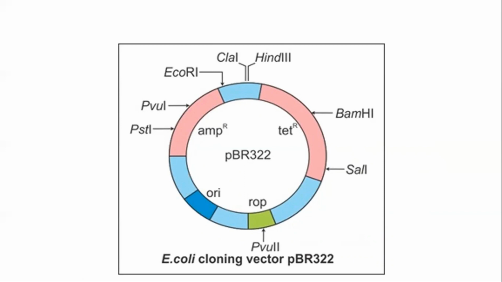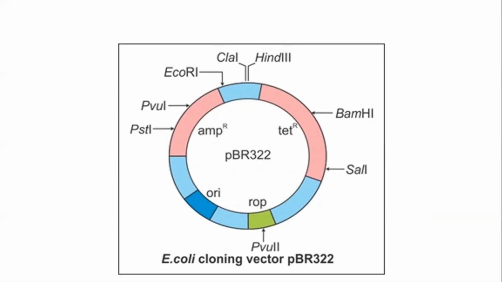Now, what is the significance of these cloning sites in a vector? Very, very important. Take down this point: if a ligation of DNA happens at a cloning site, you will be able to differentiate transformants from non-transformants.